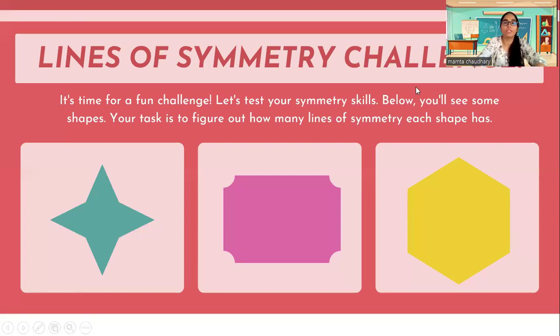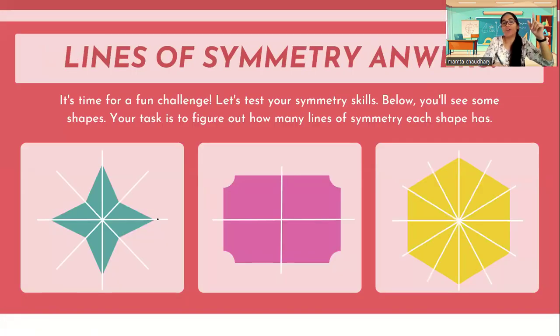Now, line of symmetry. Basically here, you need to draw lines of symmetry. It means you need to think, how can we fold these shapes to get a line of symmetry? Can you do that? Okay, let's see and do.